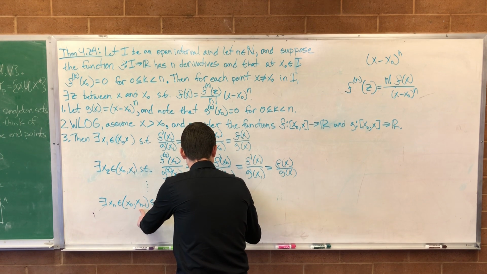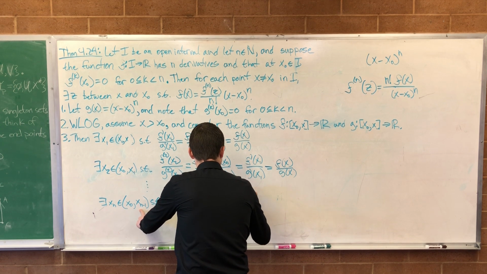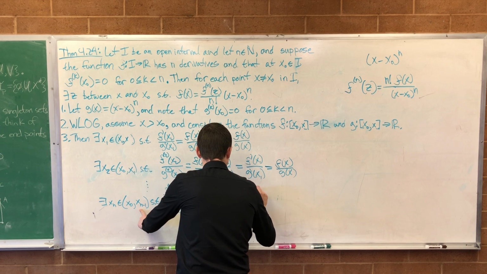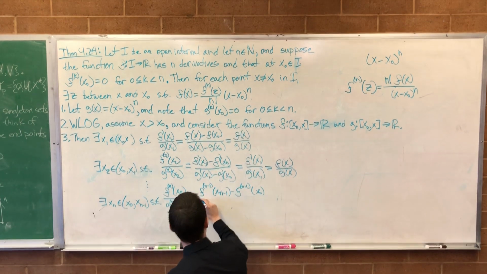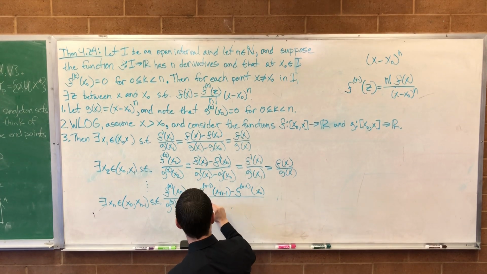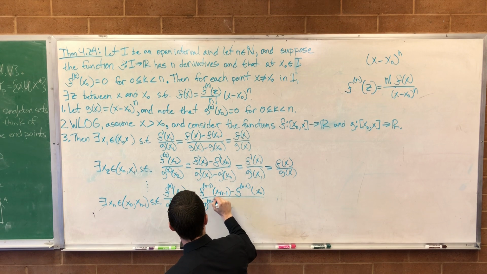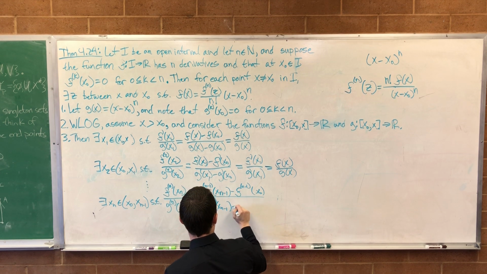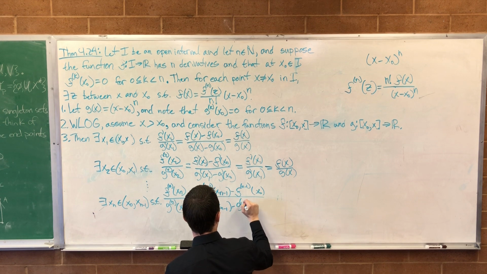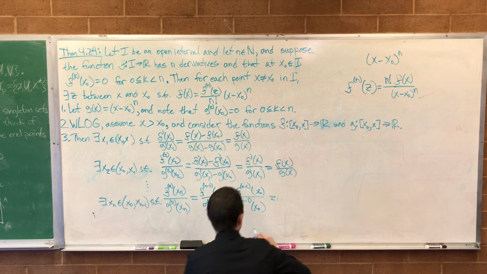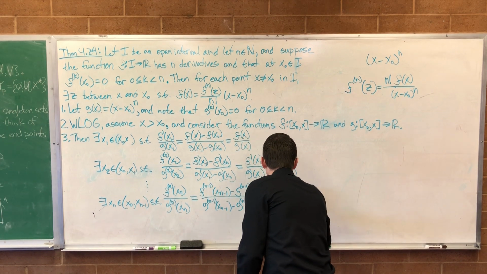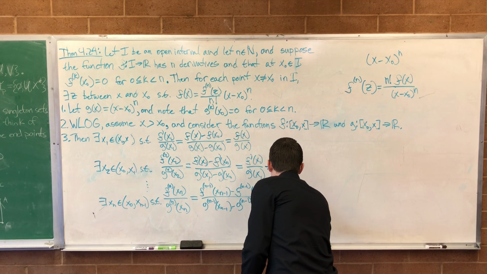the n minus 1 derivative of f at x sub n minus 1, the end point, minus the n minus 1 derivative at the start point, all over g's n minus 1 derivative at x sub n minus 1 minus g's n minus 1 derivative at the point x naught, which is also still going to be f of x over g of x.